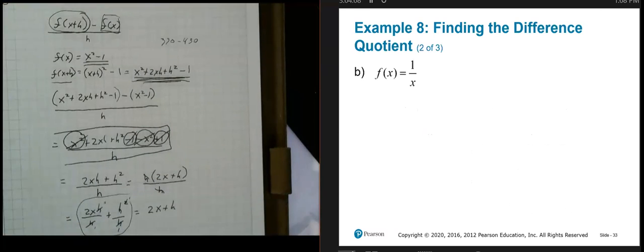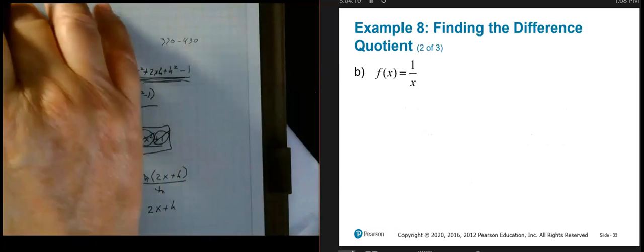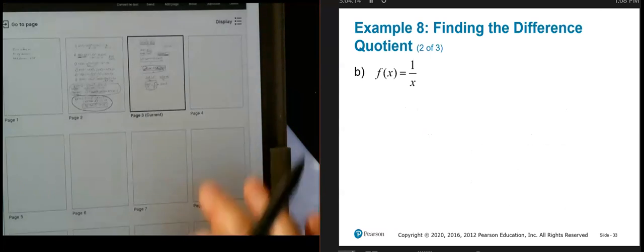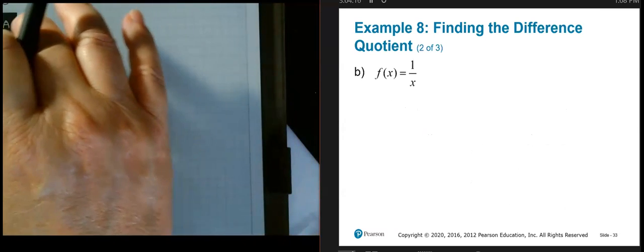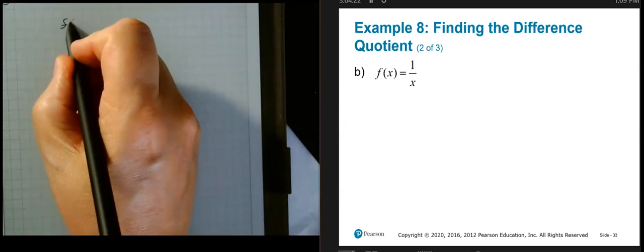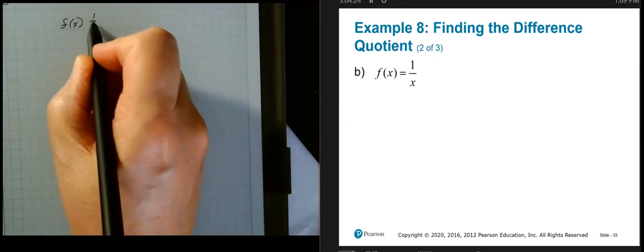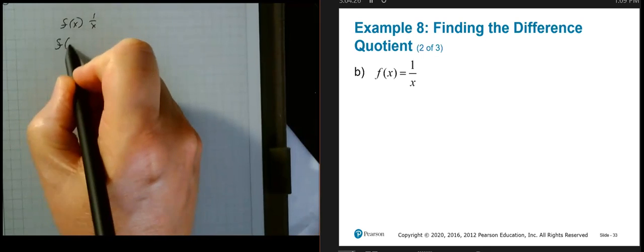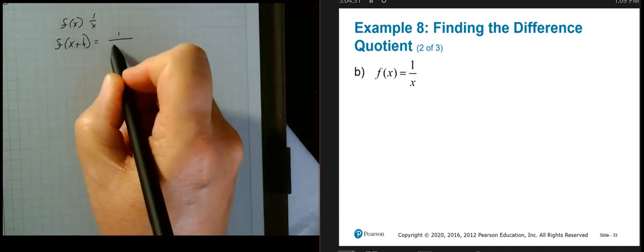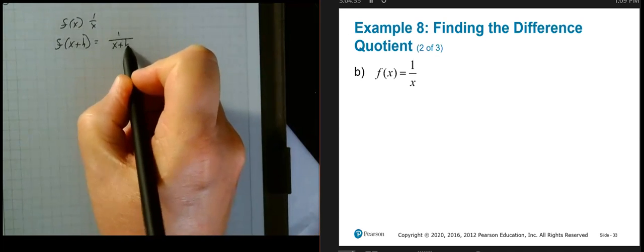Now 1 over x. So we find f of x is 1 over x. So f of x plus h is 1 over x plus h.